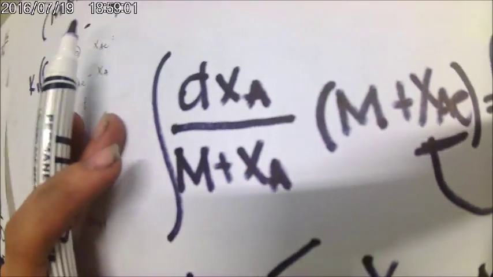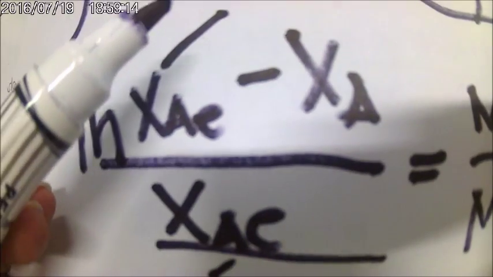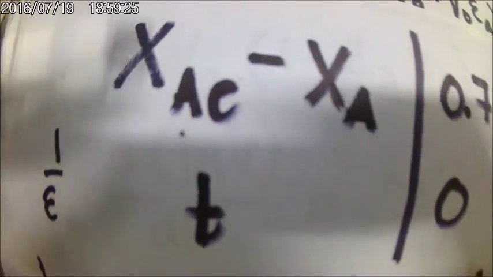So we can use this equation to look for k1. For it to be simple, I already solved these values and plotted them with t.